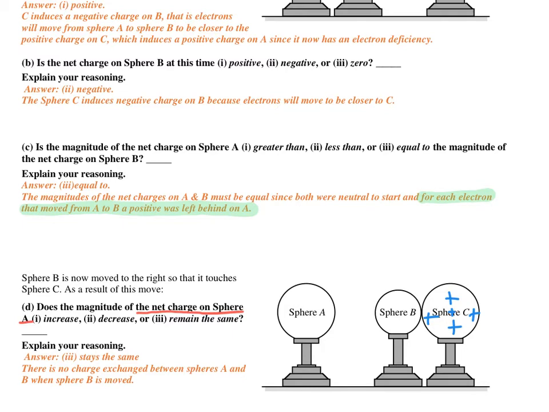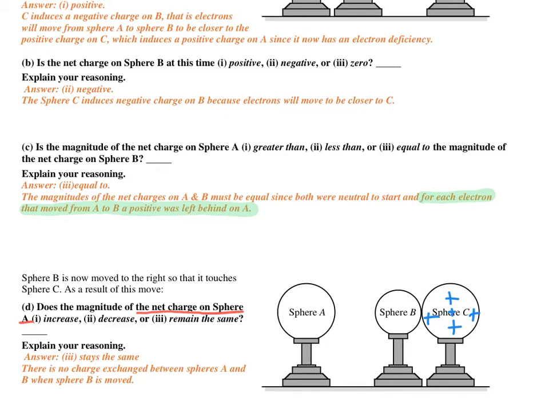No. If A had eyes, A could watch a conduction event between two other spheres. Okay? So sphere A did not experience a conduction interaction. Therefore, its net charge did not change.